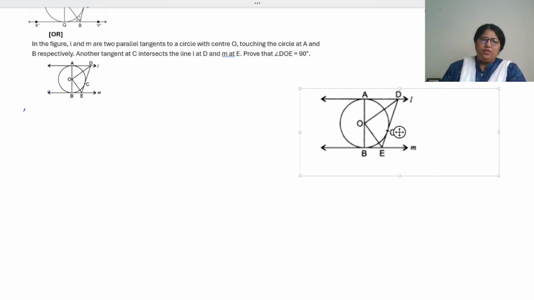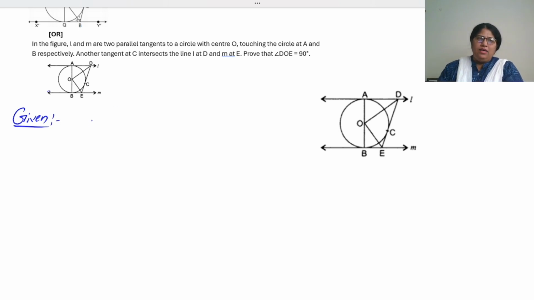Let us start first. What is given? Always start writing with the given. What is given here? L and M are two parallel tangents, right?